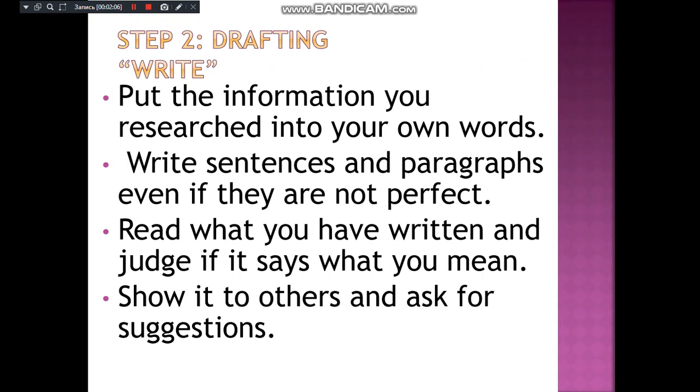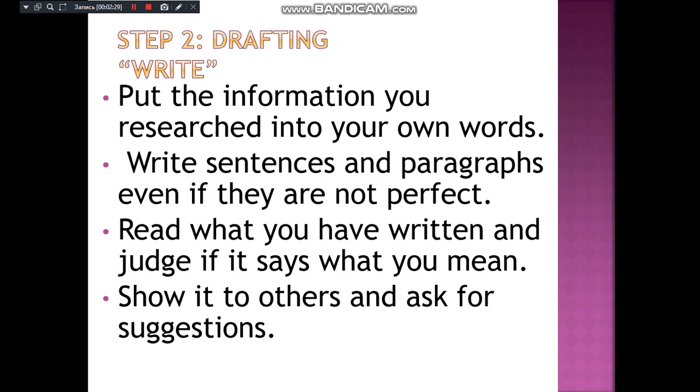Now let's look at step number 2, drafting. Write. Put the information you researched into your own words. Write sentences and paragraphs even if they are not perfect, because it is just step 2.